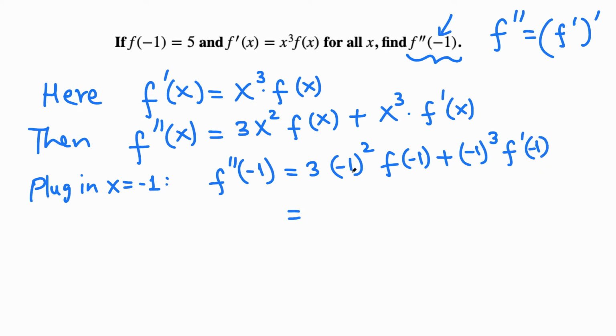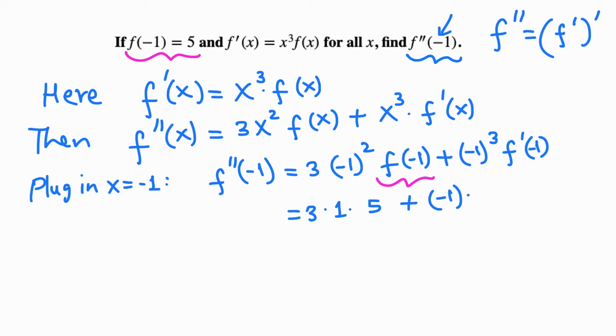Let's see what we get. 3 times negative 1 squared is 3, and f of negative 1 is given here, that's 5. So this value is 15 plus negative 1 cubed, which is negative 1, times f prime of negative 1.